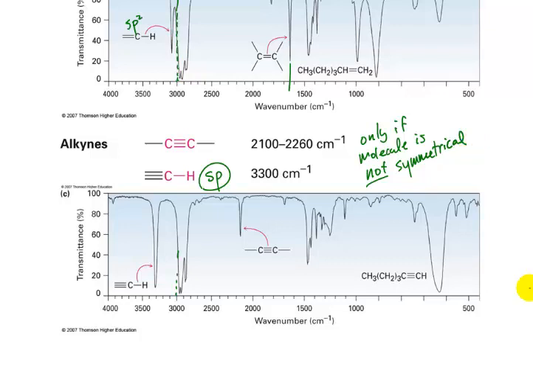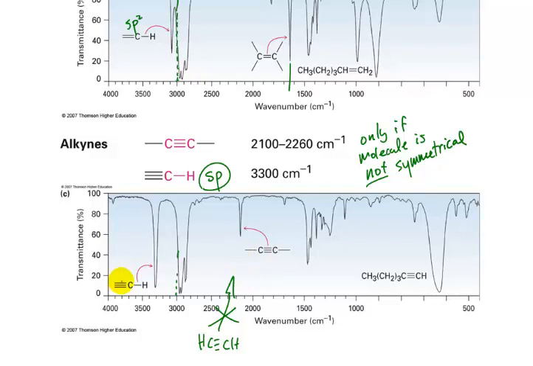So, for instance, if we had just acetylene, we would not see a CC triple bond. But a molecule like this, where it's asymmetric, with several carbons on one side and a CH on the other side, we do show that resonance here at 2200 or so.